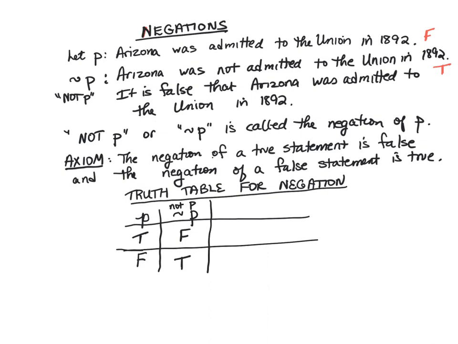Okay, but let's extend this a little bit more. If I negate not P, well, then I look at the previous column, and if not P is false, then when I negate it again, it would become true. And if not P is true, when I negate that again, it would become false.